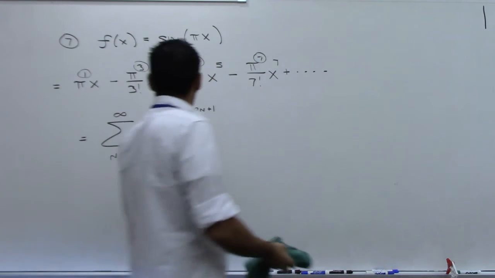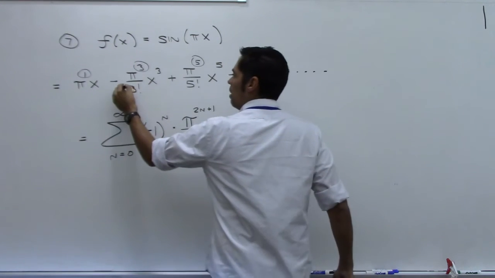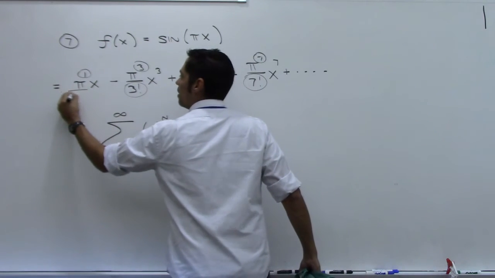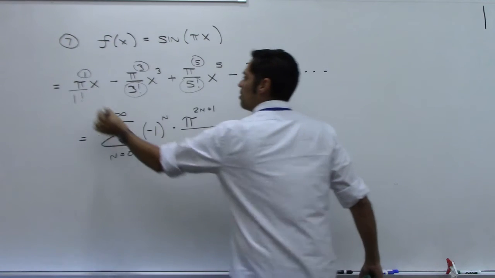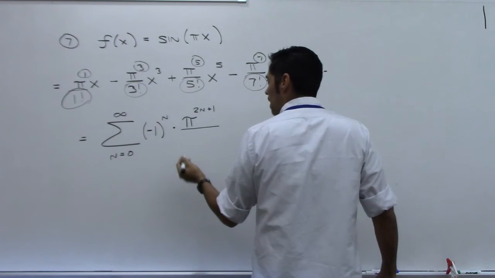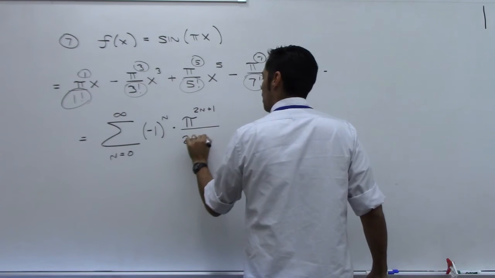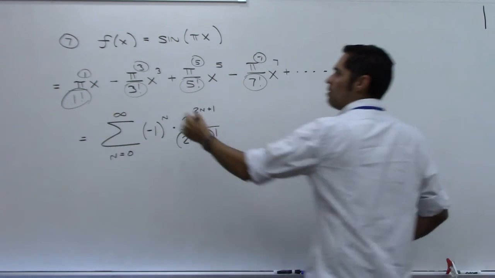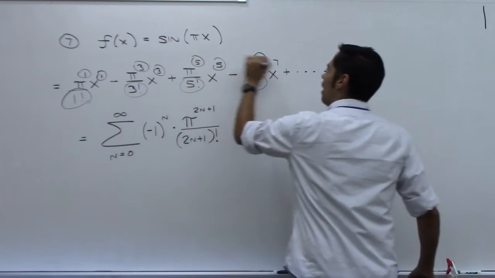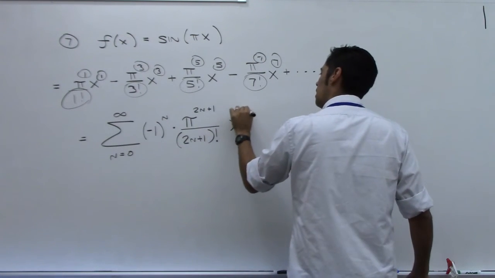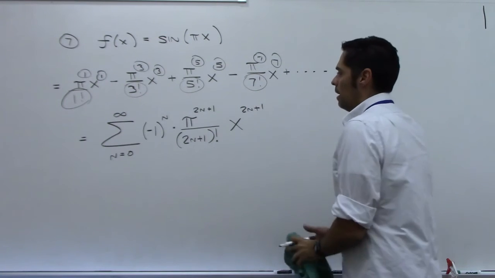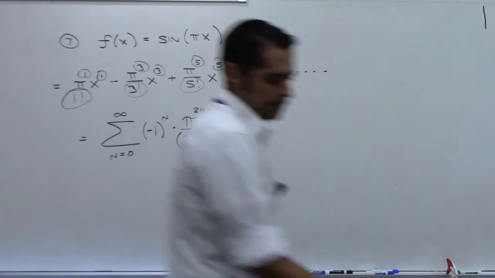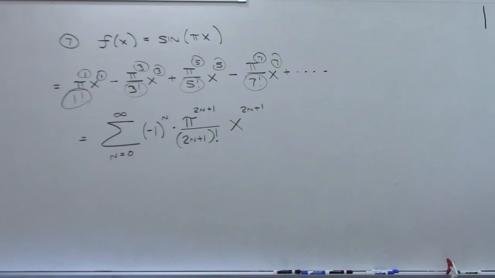I want to divide that by all of these odd factorials, including underneath this pi there's a 1 factorial. So these are all odd factorials starting at 1. So again, 2n plus 1, but then factorial. And then all of the powers on the x's are odd. So I have x to the 2n plus 1 again. And that should do it. That should be my power series right there.